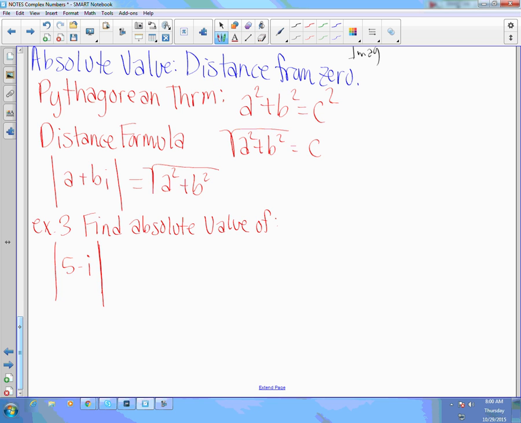The absolute value of 5 minus i is the square root of a squared plus b squared. A is our real piece, b is the coefficient of the imaginary term. So on this problem, what is a? Good, it's 5, so we're going to square it: 5 squared.